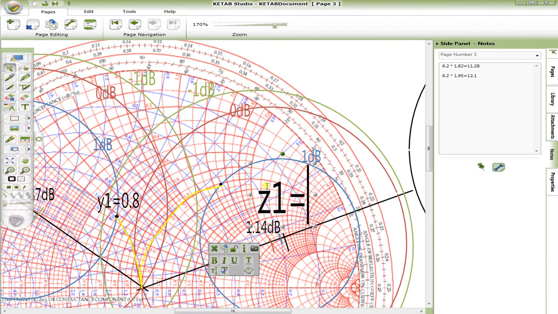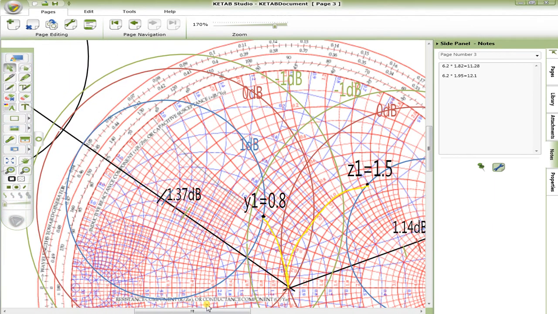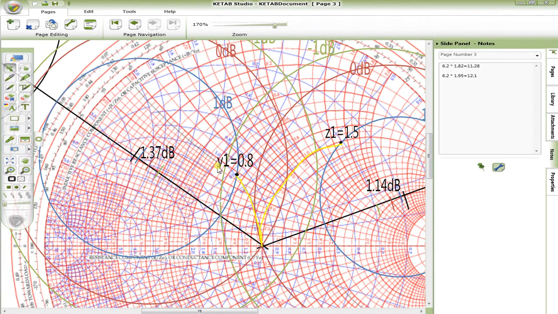Z1 equals 1.5 ohm. So as we can see, this point we pointed out as y equals 0.8, since we're going to be working on admittance, and we pointed out this point as z, since it's an impedance.